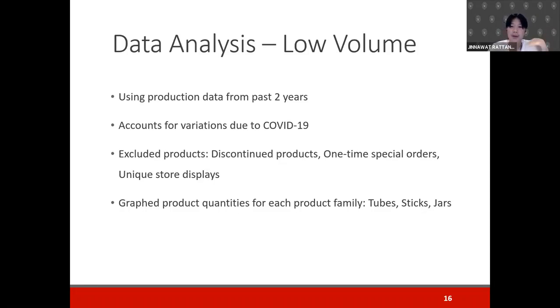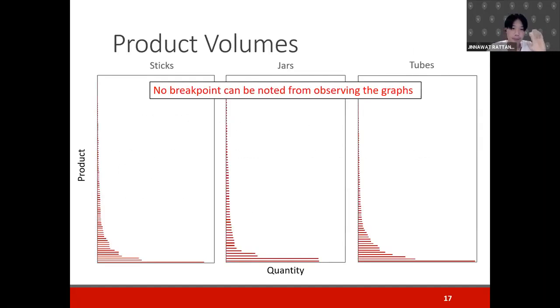The graph shows the 3 families, which are tube, stick, and jar. As you can see, you cannot even figure out where the break point is between the low volume and the high volume. It's about 100 each of stick, jar, and tube products.